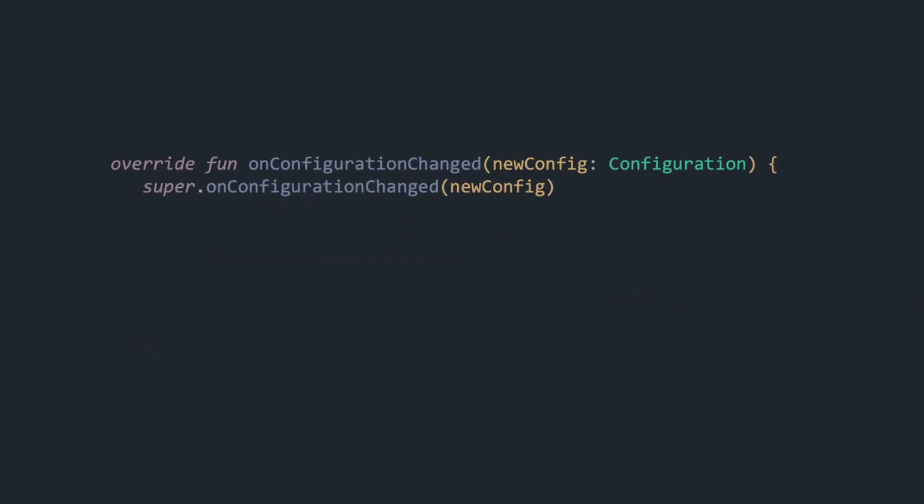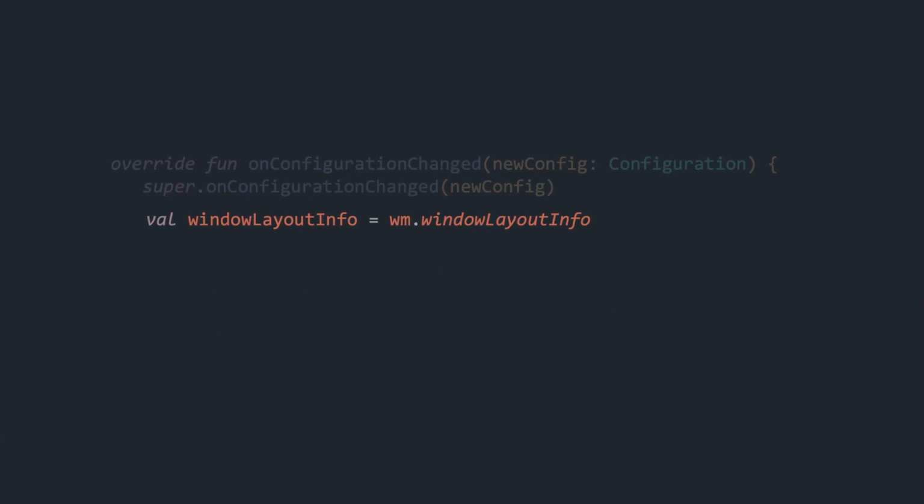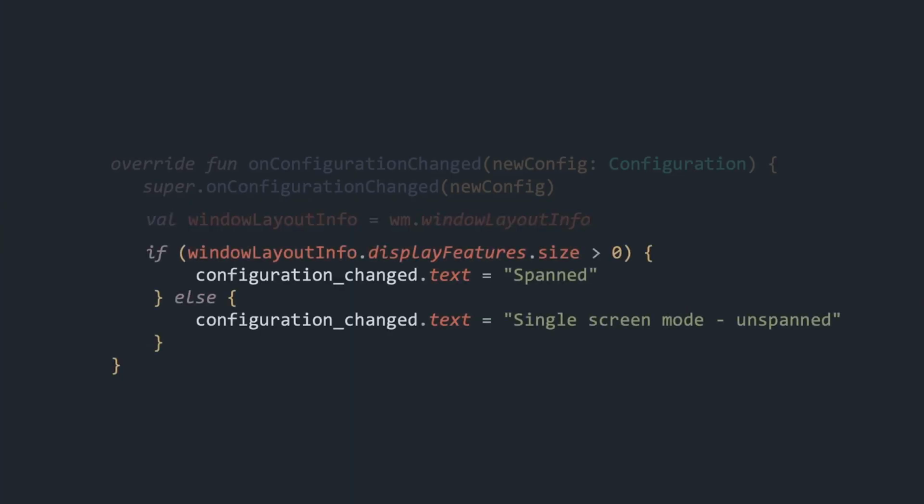If you don't want to use the callback, we can do it in onConfigurationChanged. It will be called every time the configuration changes. Inside that, we can access window layout info through the instance of the window manager. Then we can check the list of display features.